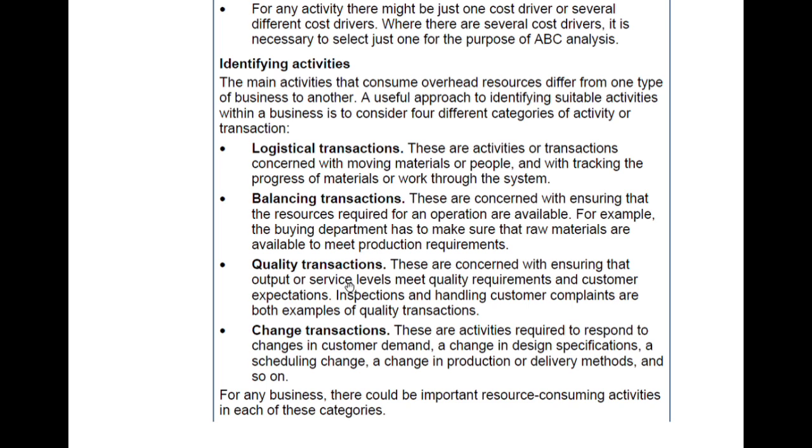Change transactions are the ones that require response to change in customer demand. For example, there is a design change, there is a delivery method change, there is a scheduling change, and from industry to industry that will also differ.